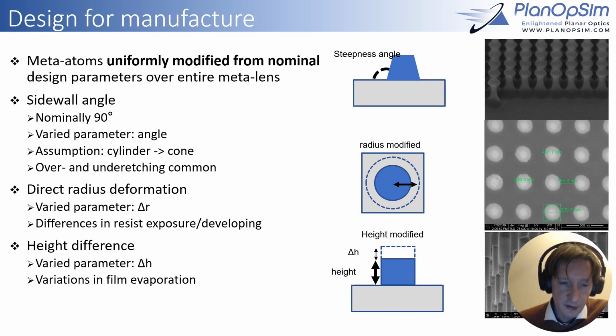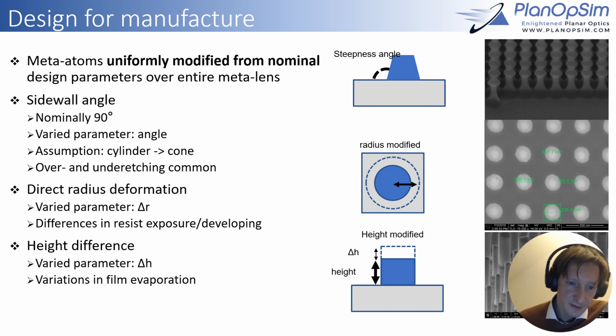Another commonly occurring effect is that the shape or the radius or the rectangle size, whatever it may be, has a different size than as it was designed initially because of different effects during the exposure in the E-beam or the photolithography or the shrinking of any imprint resist during developing.